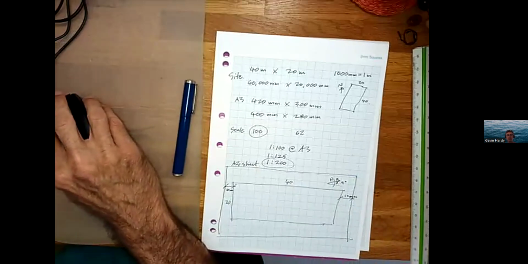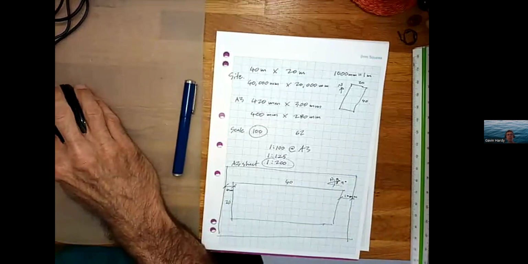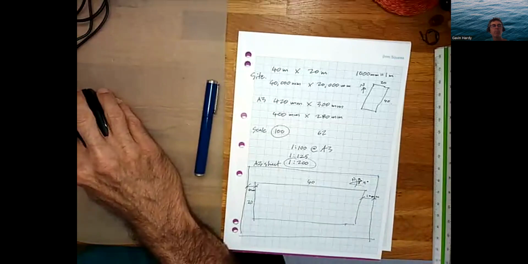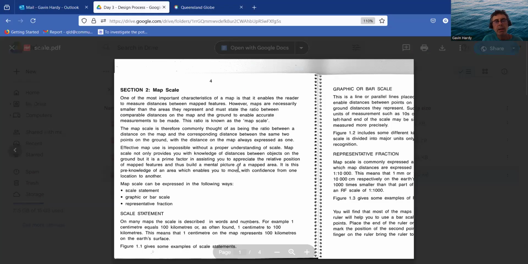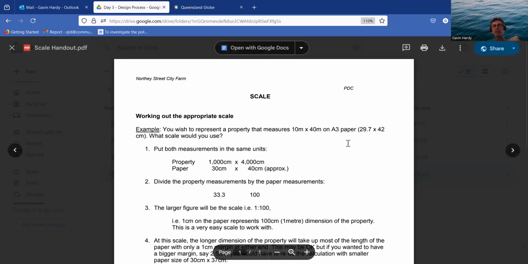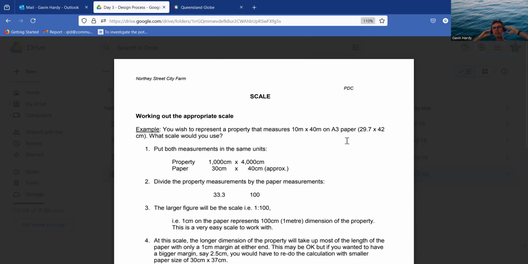Just to finish up, let's recap by looking at some of the online resources again. So I go back to the example that's shown in the online resources. It's very similar to the way I did the calculation beforehand using Q Globe.